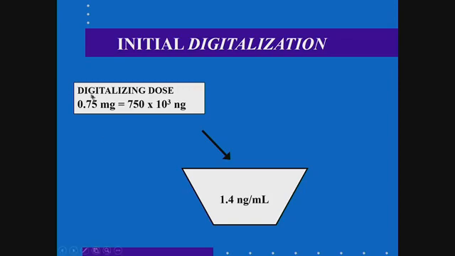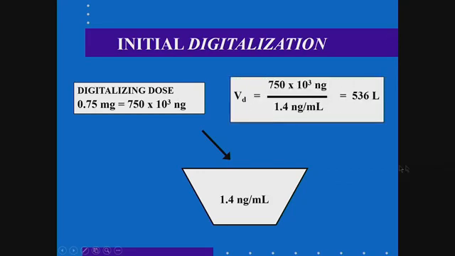You see here we are doing our proper dimensional analysis in terms of the dose that was administered, the measured concentration in plasma, in terms of nanograms per ml, and then applying that principle, the dilution principle, if you will, we have now our dose in nanograms per ml, our concentration in nanograms per ml, and we have this rather large volume, apparent volume of distribution of 536 liters for digoxin.